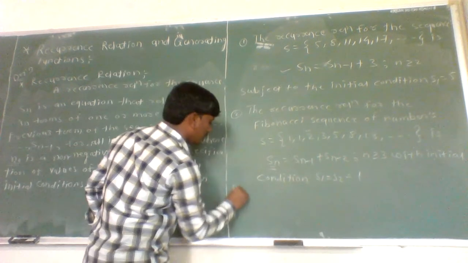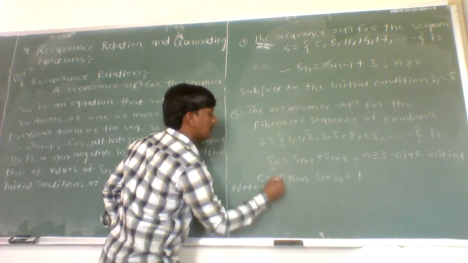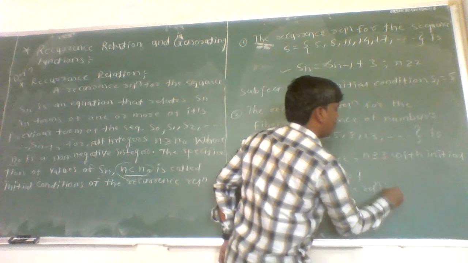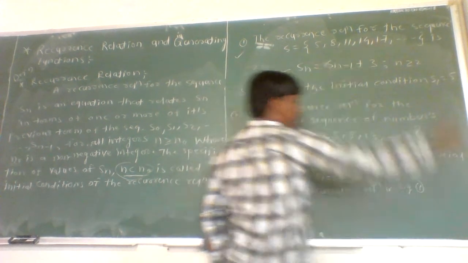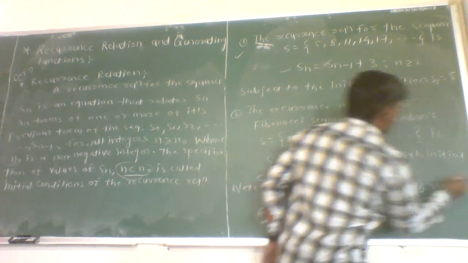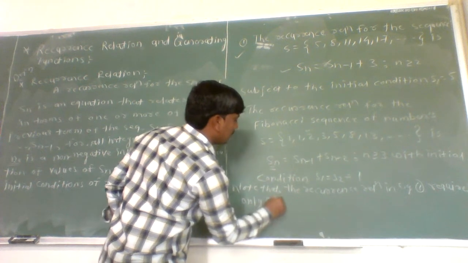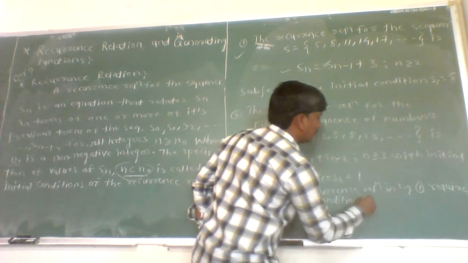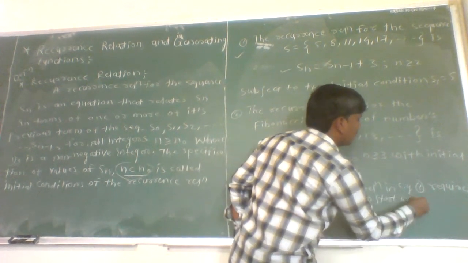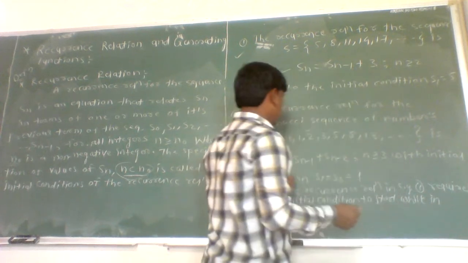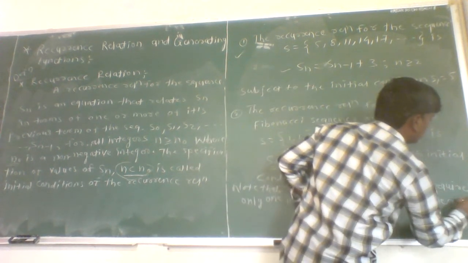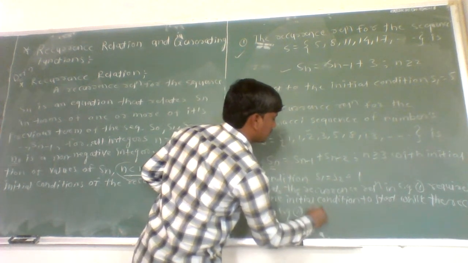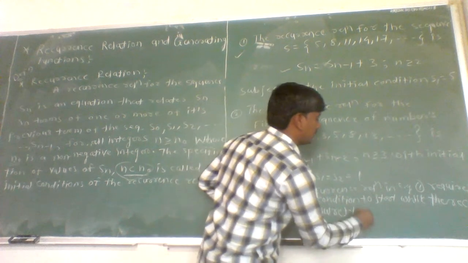So note that the recurrence relation in example 1 requires only one initial condition to start, while the recurrence relation in example 2 requires two initial conditions to start.